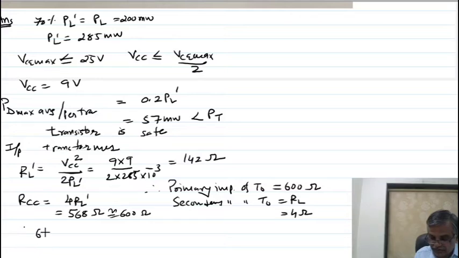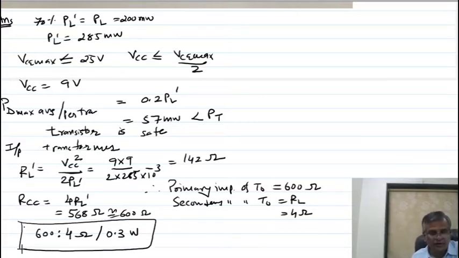So your answer is primary to secondary impedance ratio, and it should be greater than PL'. So this is your output transformer, this is for output transformer TO.